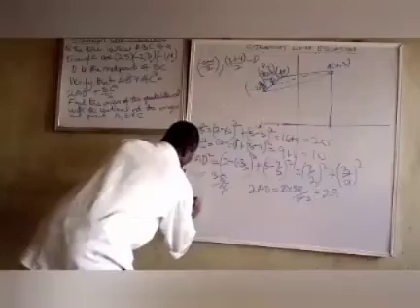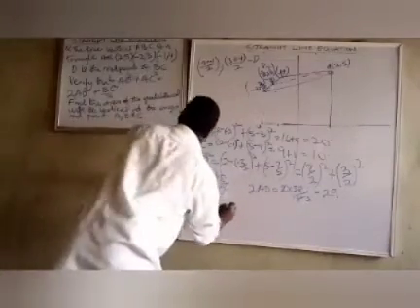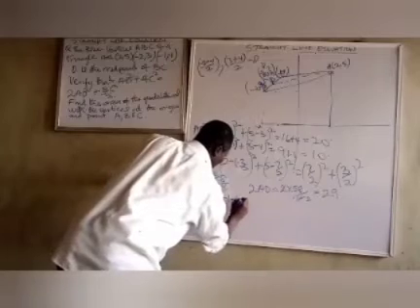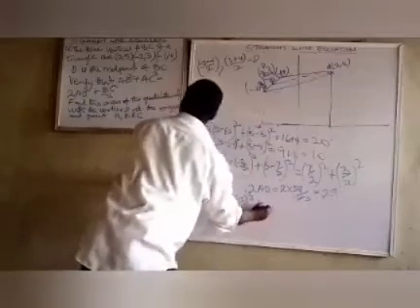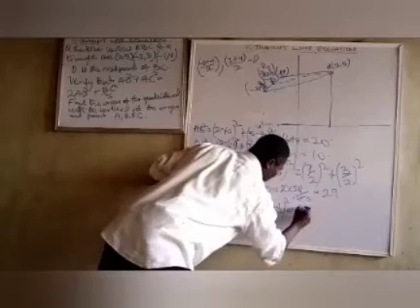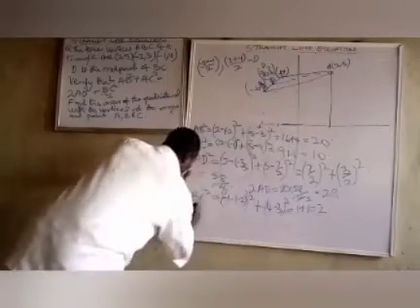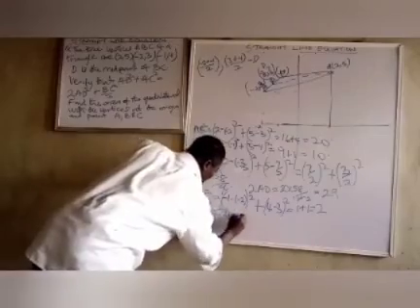What is BC? BC squared. That is minus 1 minus minus 2 all squared plus 4 minus 3 all squared. That is 1 plus 1, which is 2. So BC squared over 2 will be equal to 2 over 2, which is 1.